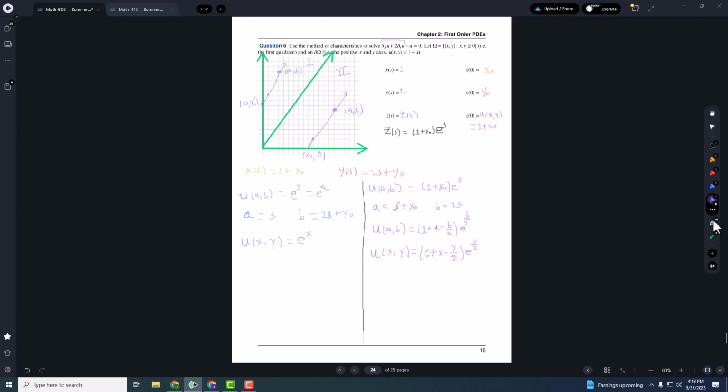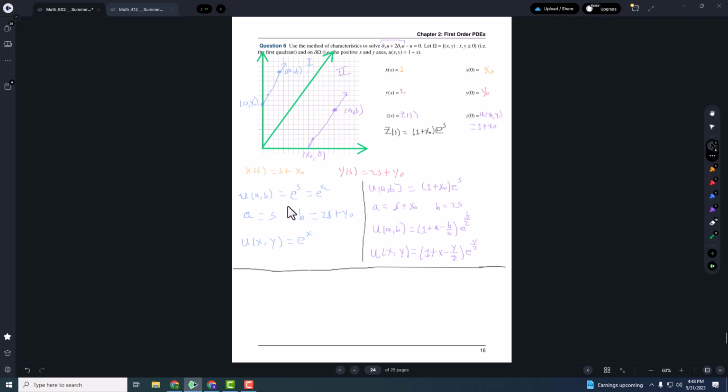Okay, so now I'm actually going to make this black line a little bit shorter. So this is how we want to write the solution now. I know that in region 1, u of x,y is equal to e to the x. In region 2, u of x,y is equal to 1 plus x minus y over 2, times e to the y over 2. Okay, so what happens on the line y is equal to 2x?